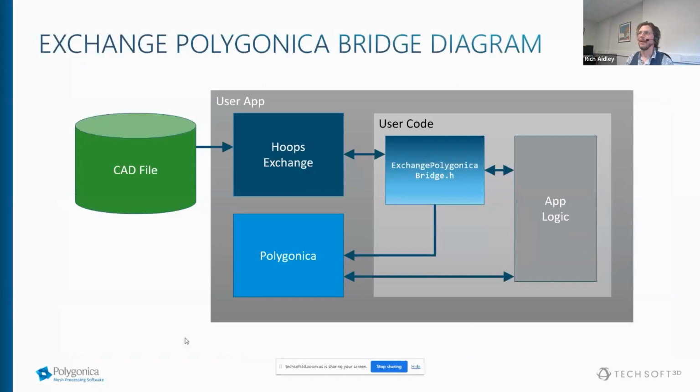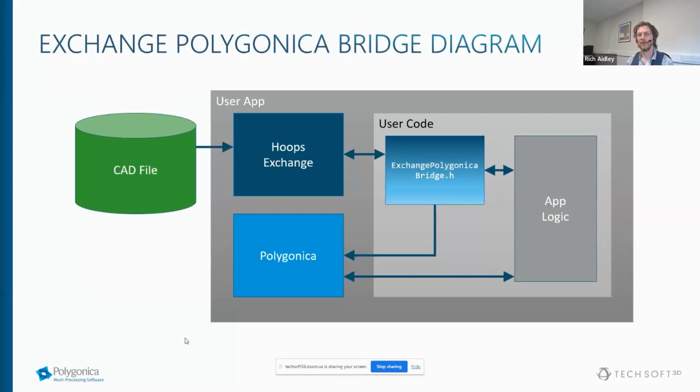If you're including the Exchange Bridge inside your own application, this is how it would work. The Exchange Bridge, I don't think we've mentioned yet, is a header-only file. So it's a C header file, Exchange Polygonica Bridge.h. And we'd include that inside your own code. So that's going to be the thing which communicates with your application logic.